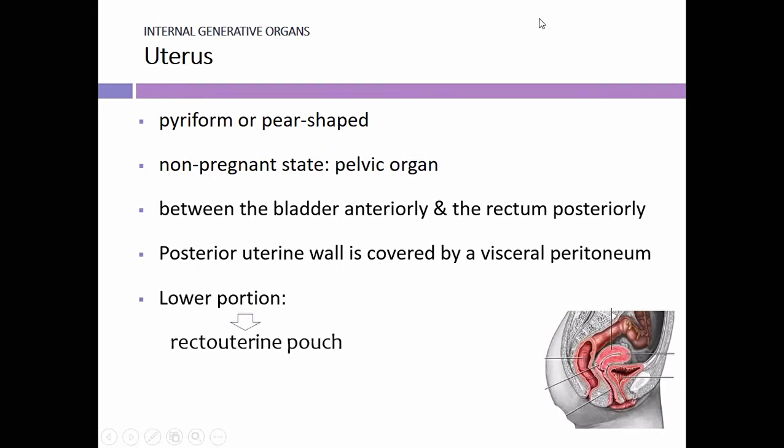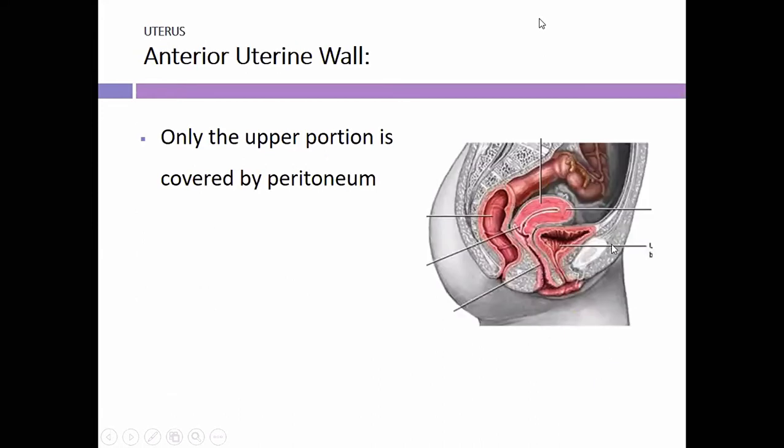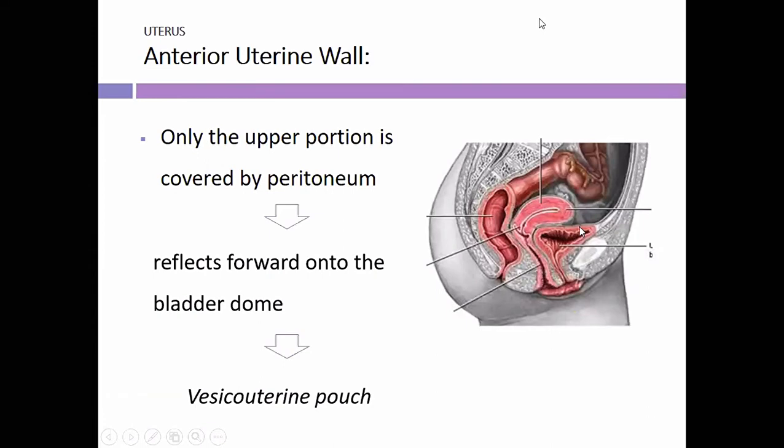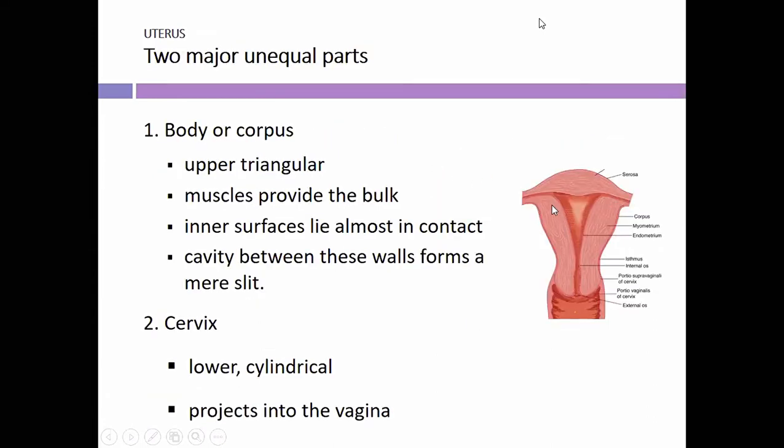And below the uterus is the recto-uterine pouch, or the pouch of Douglas. Now, the anterior uterine wall is covered by peritoneum, but it is reflected onto the urinary bladder, which we call the vesico-uterine fold or pouch. The uterus has two parts which are unequal in size.